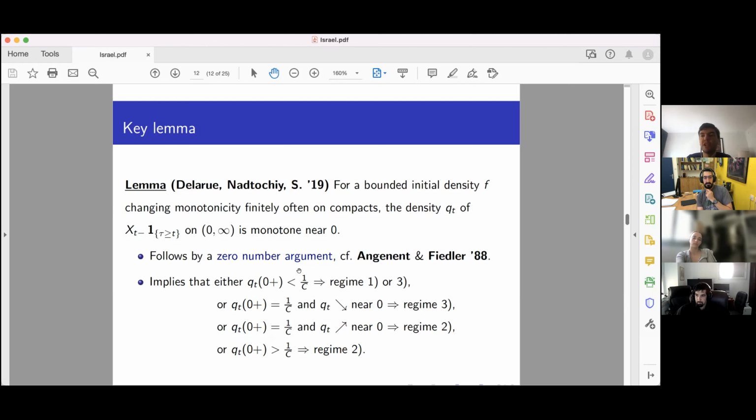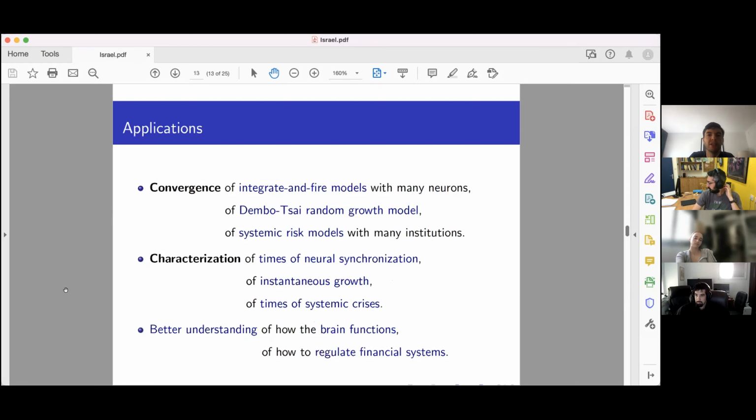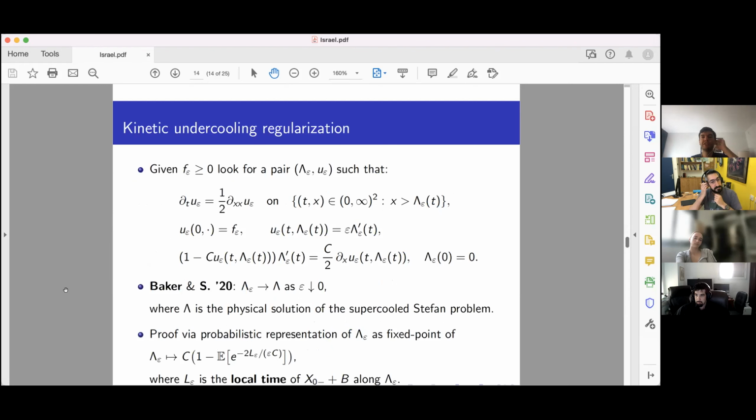This is not so hard to see, say for classical solutions, just by the maximum principle. Here it's a little bit more complicated because you have the free boundary, but the argument is roughly speaking the same. Let me maybe skip the applications to save some time.